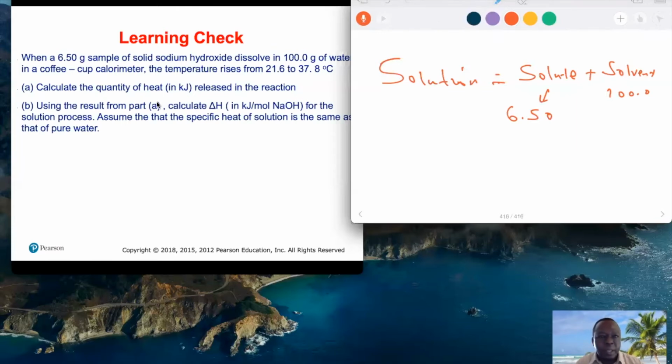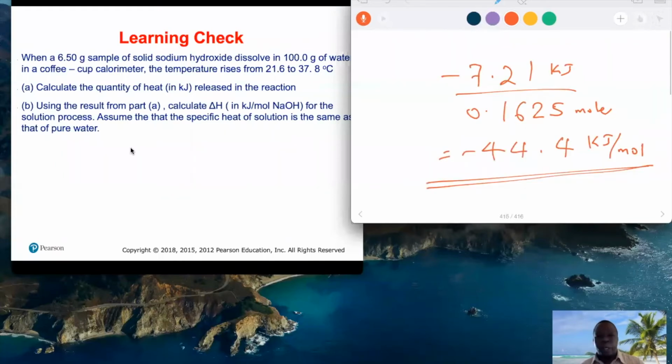For example, if someone doesn't know how to change joules to kilojoules, they assume you are still on the same chapter, and you can flip over the textbook and look at the specific heat of H2O. That is how you find the energy given off per mole.